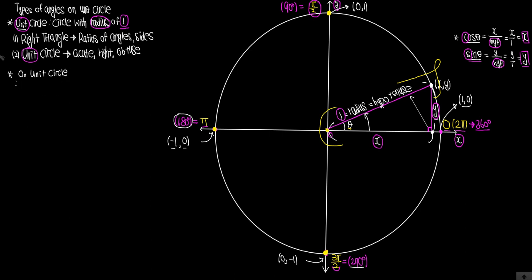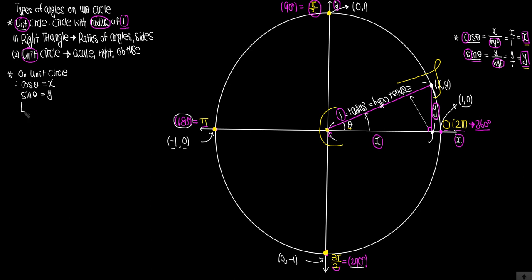And this is the reason why we apply the unit circle to define the cosine and sine more easily. The cosine theta is the x value, or x coordinate, for our unit circle. The sine theta is going to be our y coordinate for our unit circle.